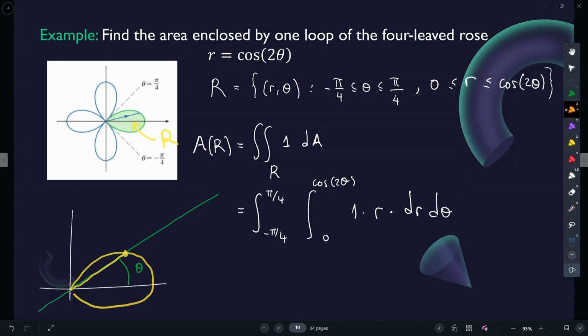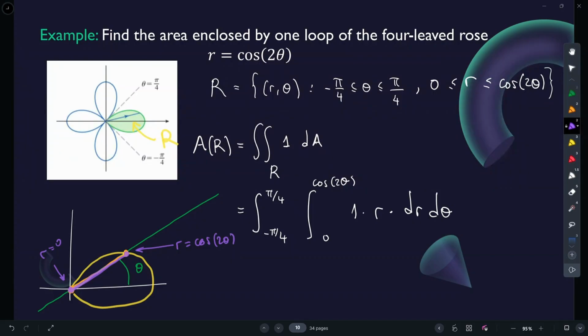Let me do it in another color. The intersection is going to go from here to here. Okay. So I see that I can go from radius 0 all the way to this radius. Here the radius is 0. At that point exactly, the radius is exactly cosine of 2 theta.